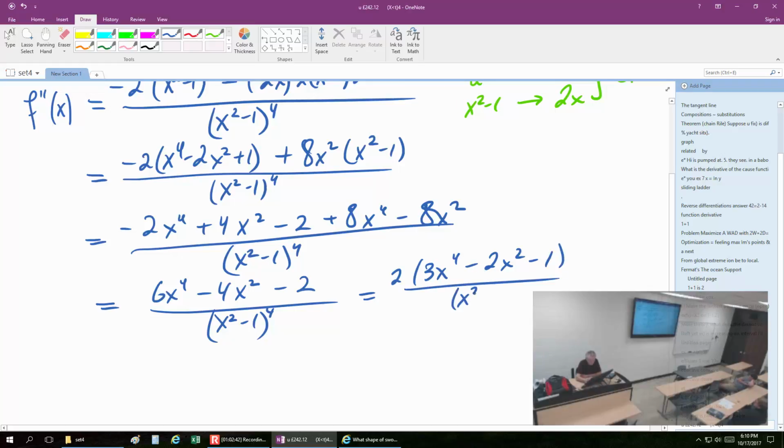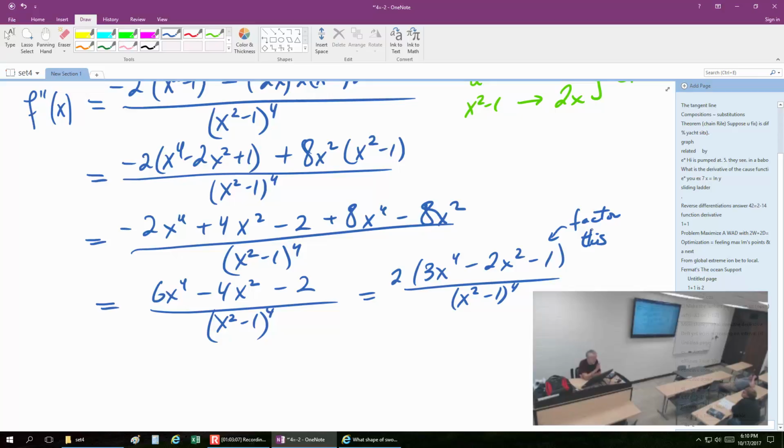I think we have just a couple minutes left. The problem is we need to factor this. There is a trick, if anybody knows how to factor some 4th degree polynomials. No?